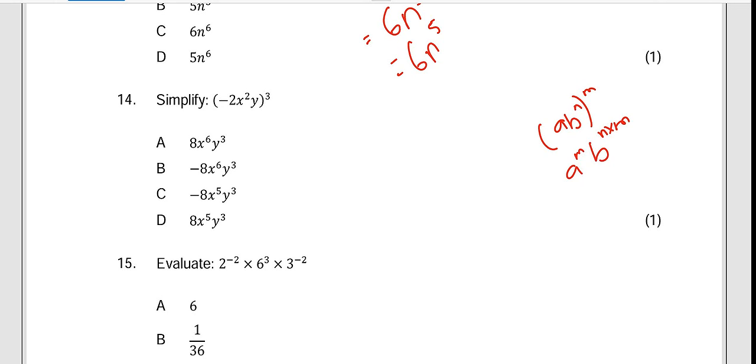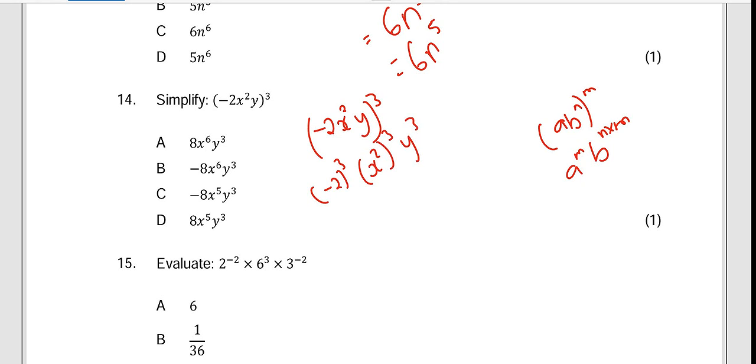So it's minus 2 x squared y, the exponent of 3. It's going to be minus 2 to the exponent of 3, x squared multiplied by 3, and then y to the 3.